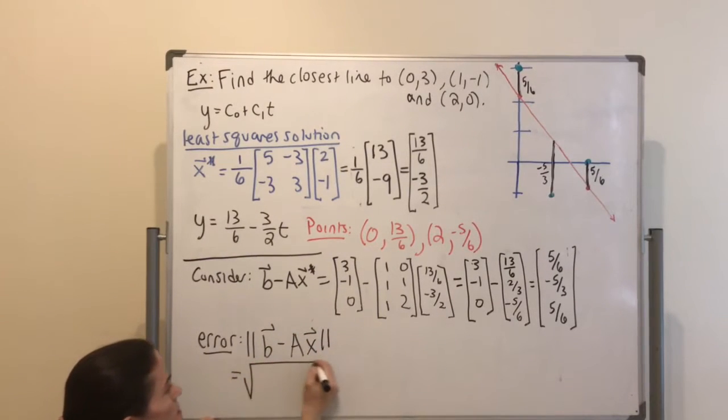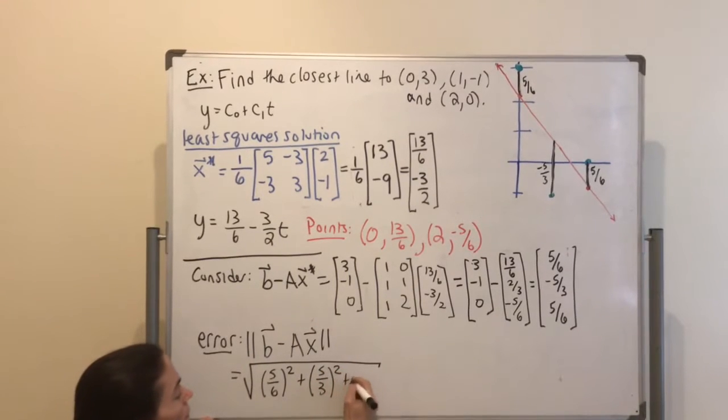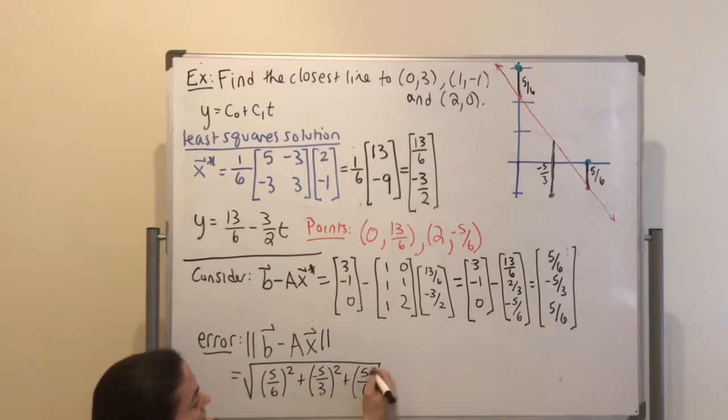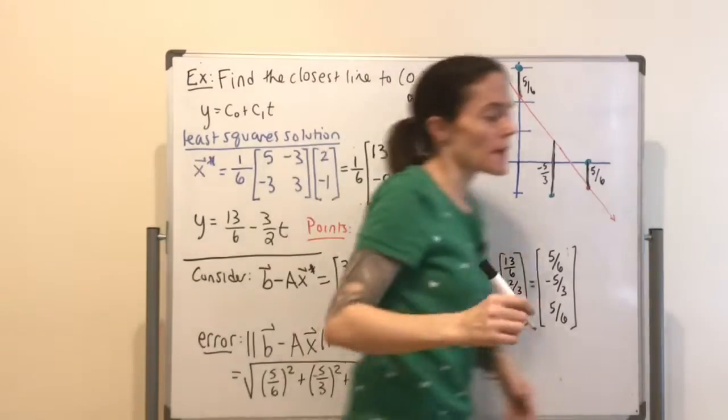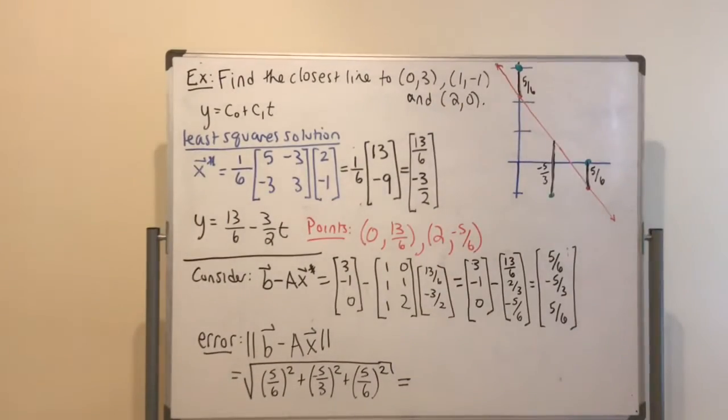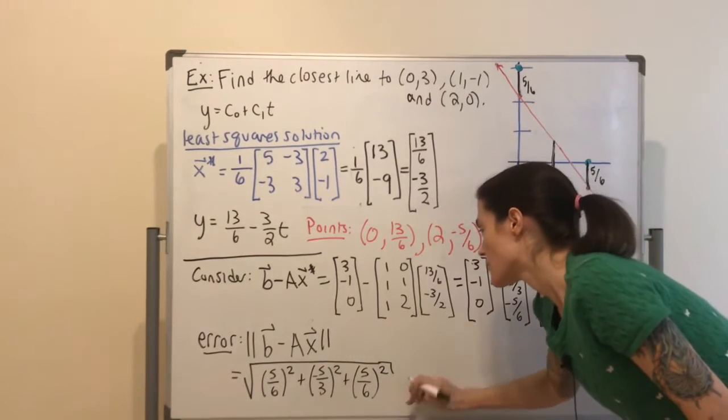In this case, it's the square root of, okay, I'll put the negative, doesn't matter, like this. It's the square root of 150 over 36. It's approximately 2.04.